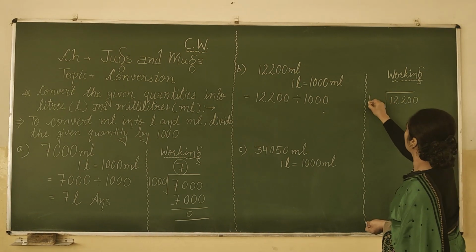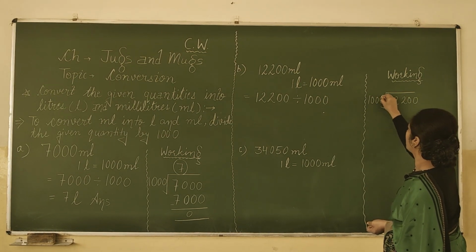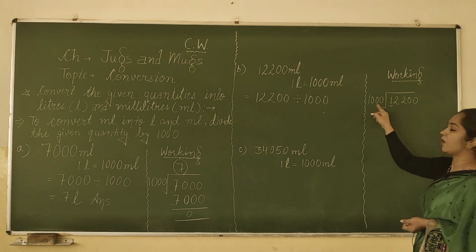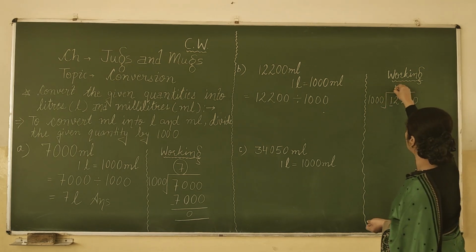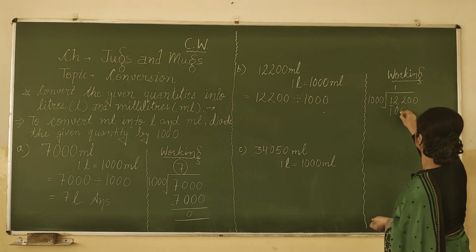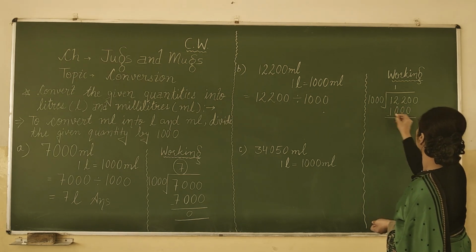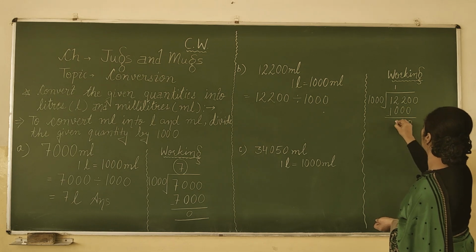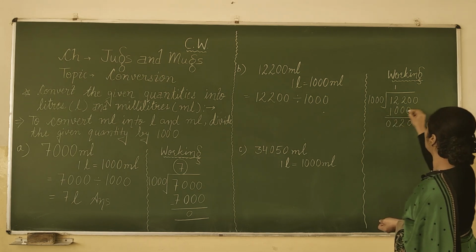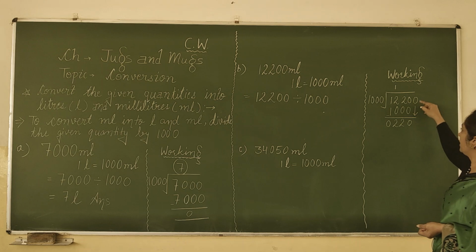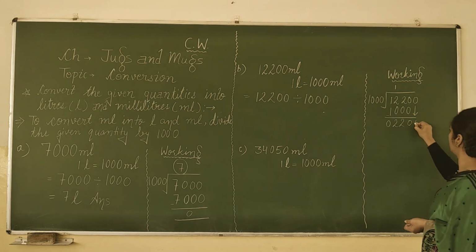12,200 divided by 1000. 1000 ones are 1000. We will subtract: 0, 2, 2, 0. We will put down this 0.